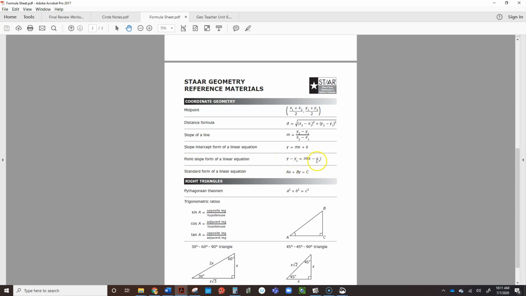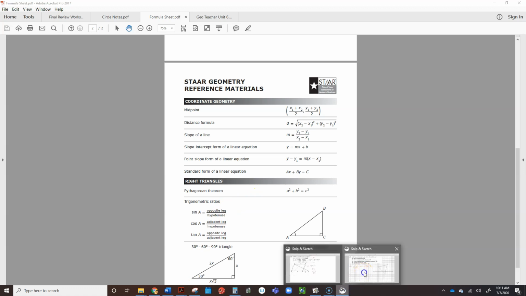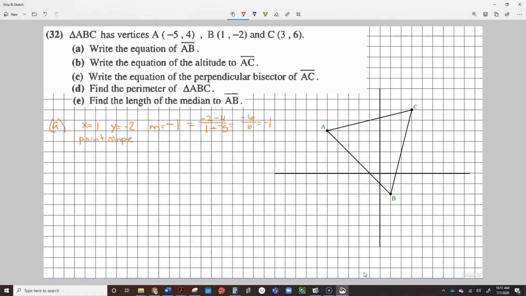So y minus y1 equals m times x minus x1. So it's y minus a -2 is equal to the slope times x minus this one right here. This is x1, y1.